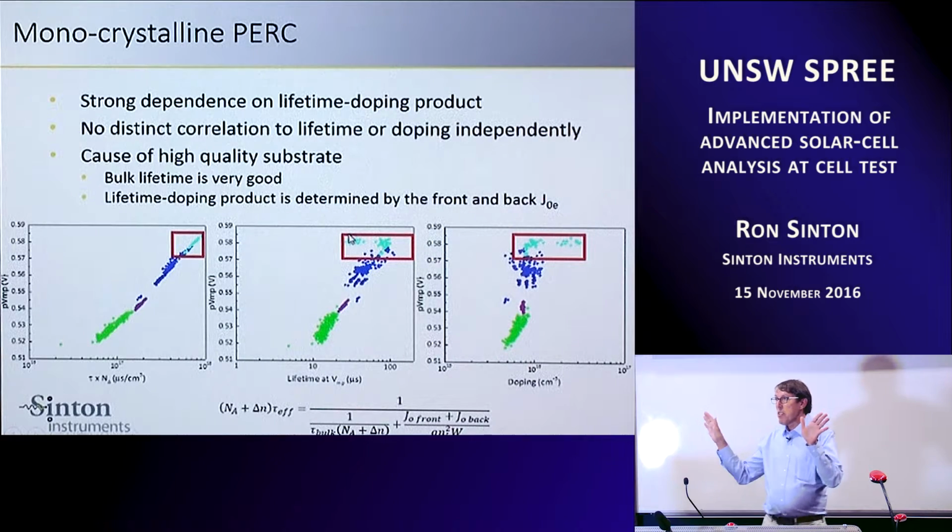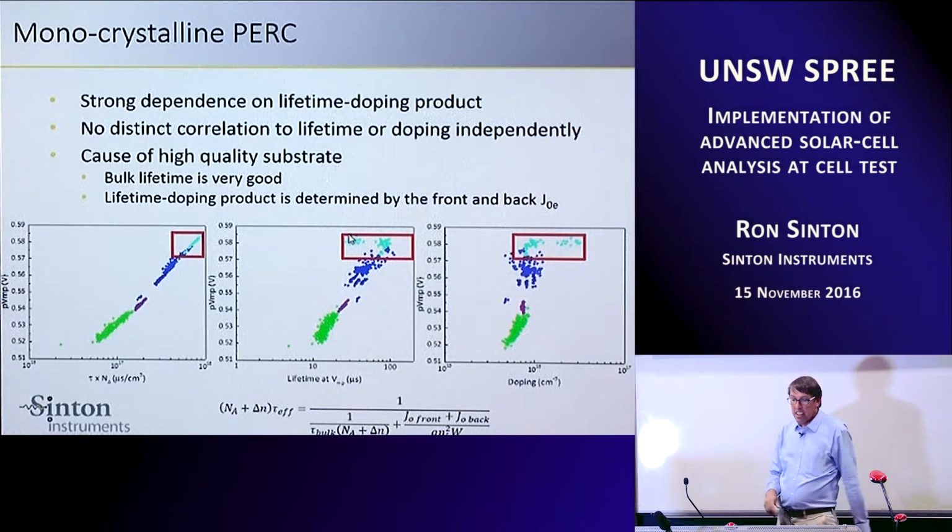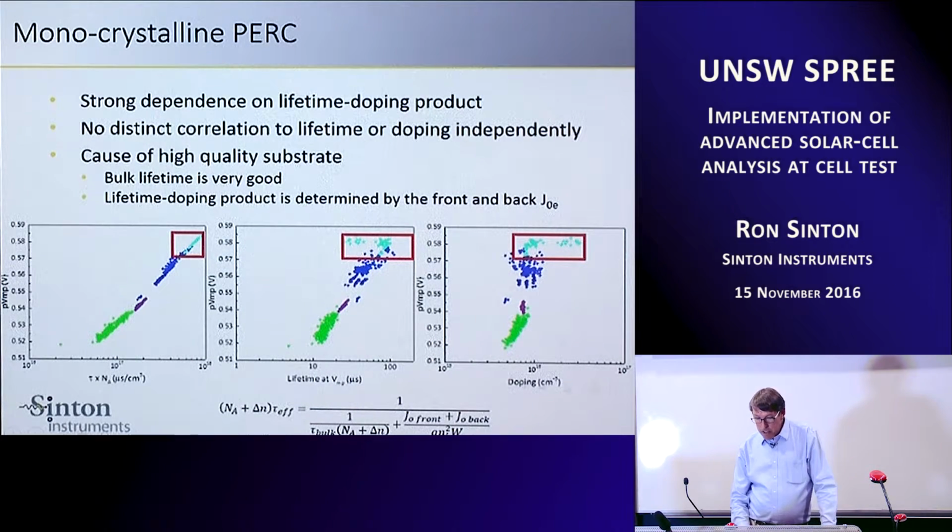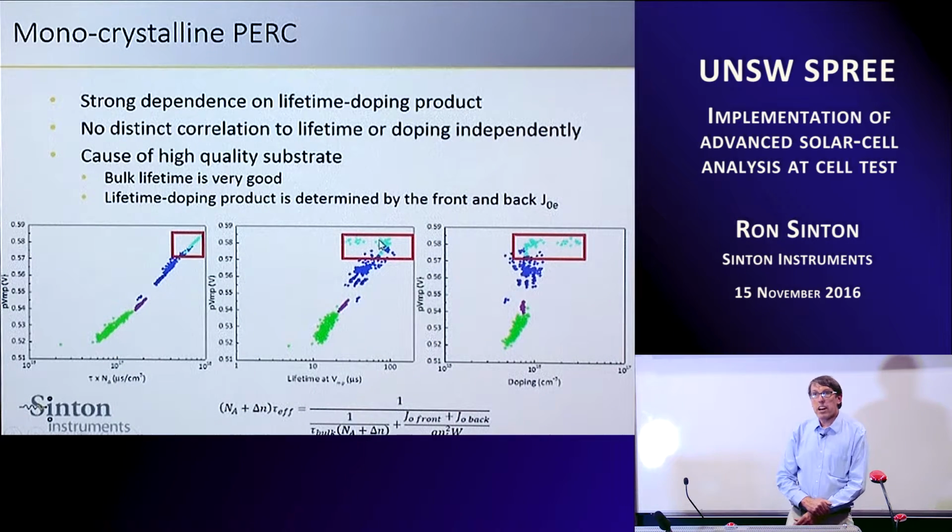So they're a reflection of each other. And so if you come down to the formula, you see that that's exactly the case you would get if you had a very high lifetime, so that this term didn't matter. And you have a doping tau product which is constant because the J0 term is constant. So this is telling you that you're limited by J0.